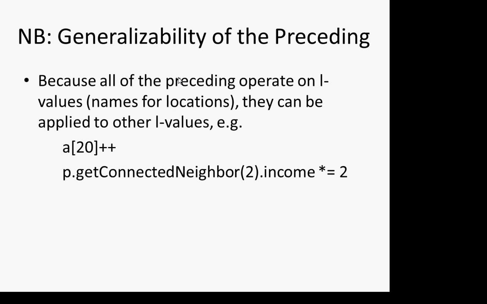That will set the result. So this is a way of doing two things at once. You're getting the value, remembering it, and updating it in the meantime and testing.